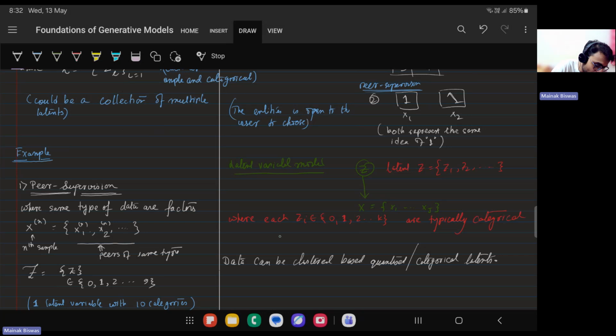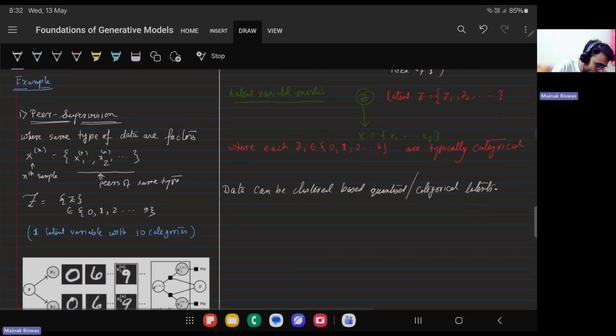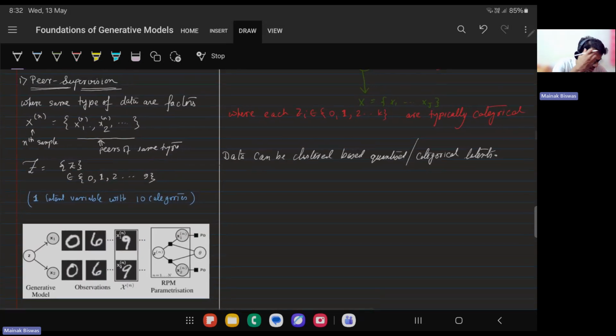So just having z equal to 1, for example. If you take this peer supervision example, this is my model. I say that I have a single z, where z belongs to 0, 1, 2, dot, dot, dot, 9.